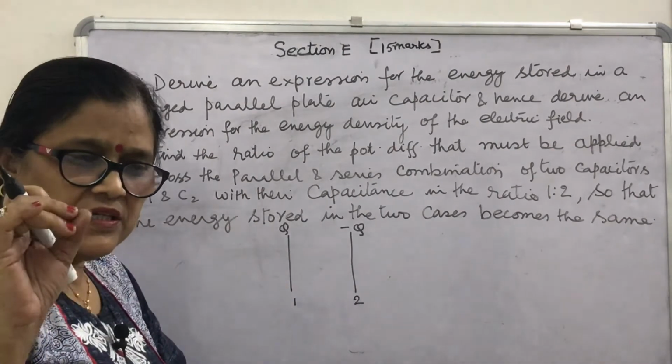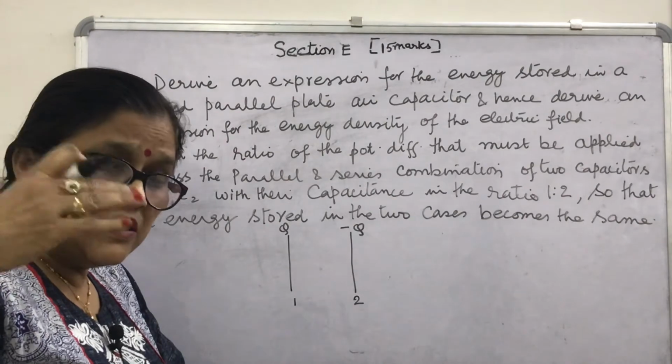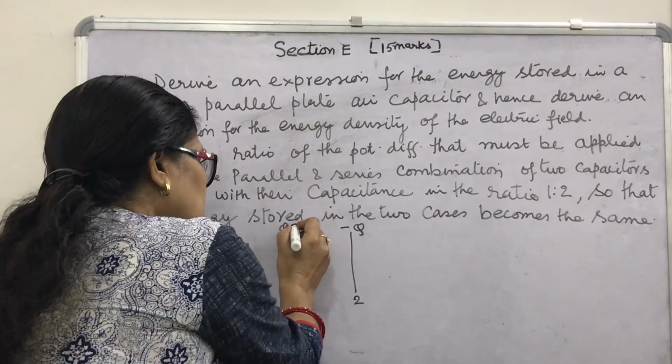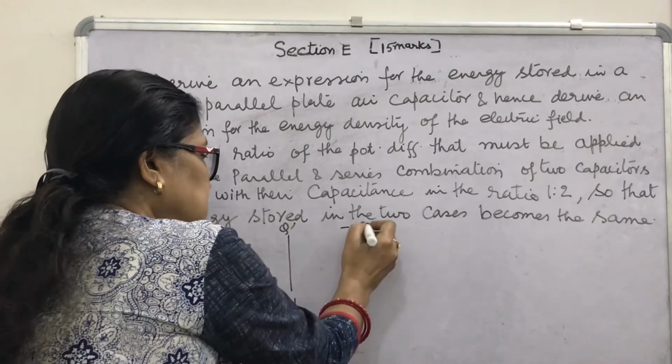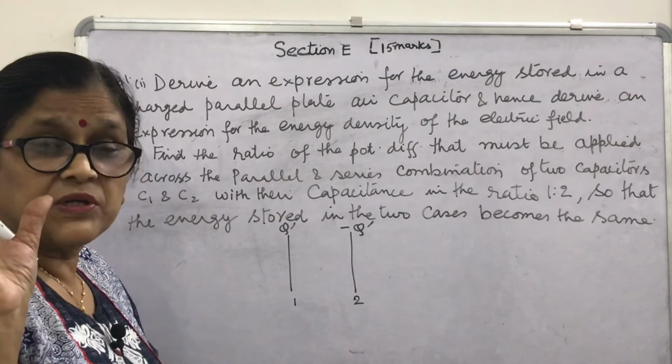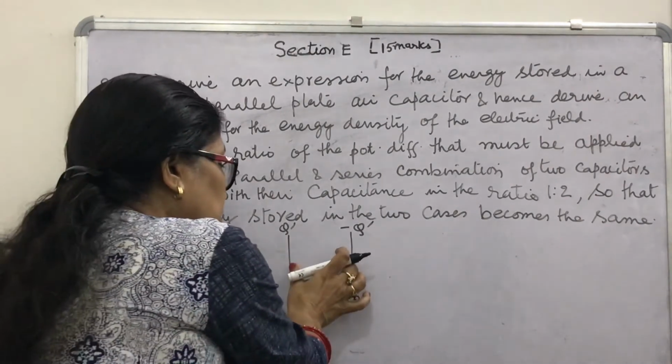Let us imagine in this charging process, in the beginning, suppose this plate has a charge Q dash and this plate has charge minus Q dash. So what is the potential difference between the two plates?